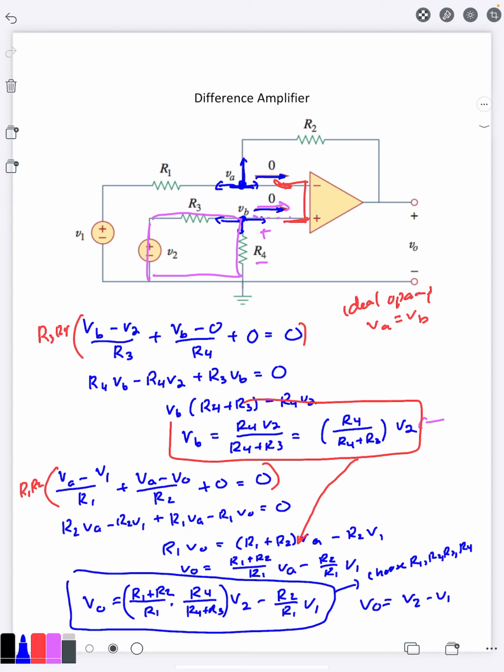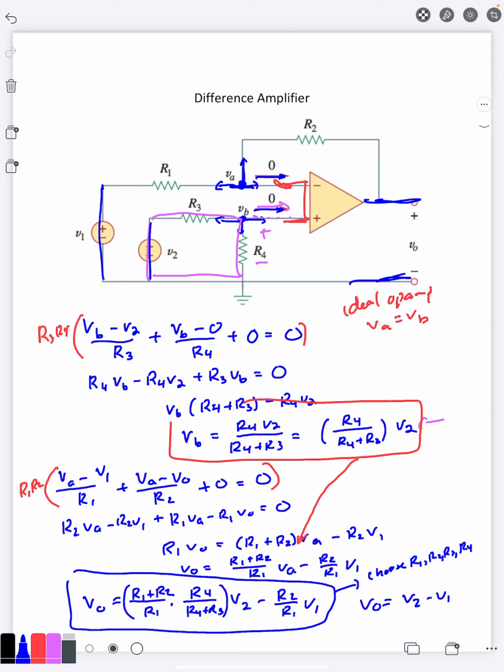So what that means is the output voltage here is exactly equal to the difference between the two input voltages, with the one hooked to the positive side, V2, is positive, minus the other one, V1 there. So this is why it's called a difference amplifier, because with this circuit, you can have it physically calculate the difference between two input voltages. You can have V2 minus V1.